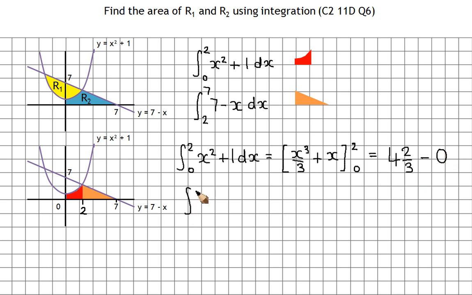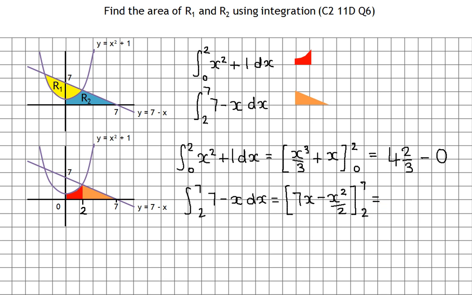Now our second integral between 7 and 2 under the straight line. So when we integrate that, we're going to get 7x minus x squared over 2 between 7 and 2.